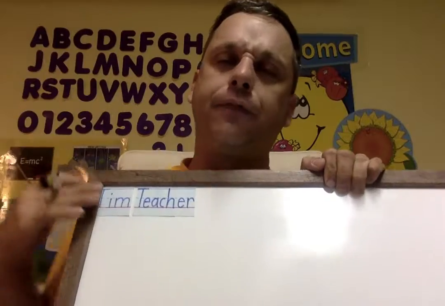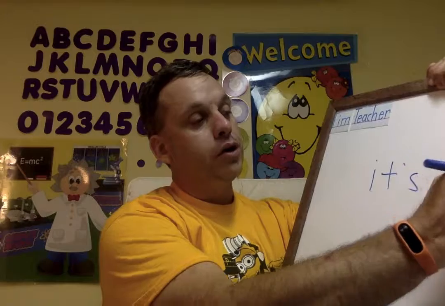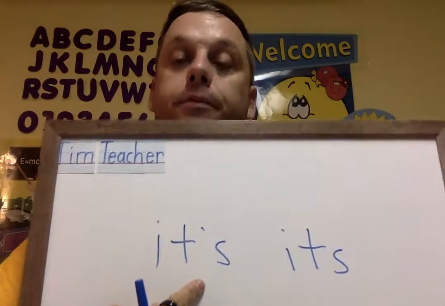One last one, and this one sort of looks different than you might imagine. Because we've been talking about the apostrophe S, meaning ownership. This one sometimes causes people problems.